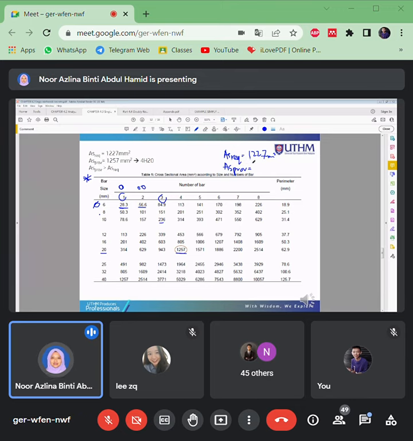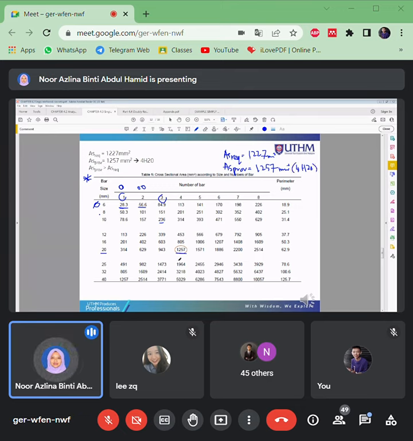It should be more than 1227. So this is the best, I can say, suggestion to provide: 1257 area, which is equal to 4H20.